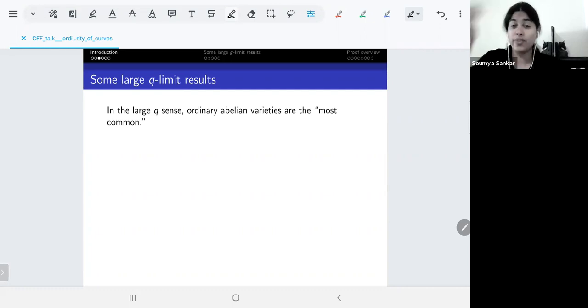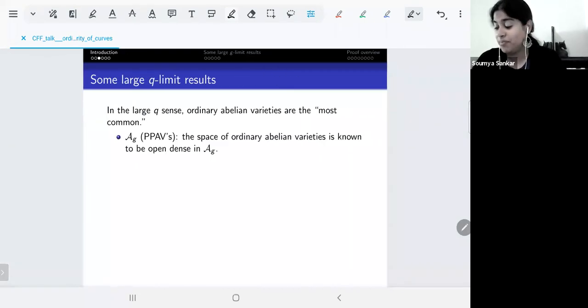So in the large q sense, ordinary abelian varieties are the most common, right? Well, what does most common mean? Geometrically, if you think of the space of principally polarized abelian varieties, A_g, the space of ordinary abelian varieties is known to be open dense.